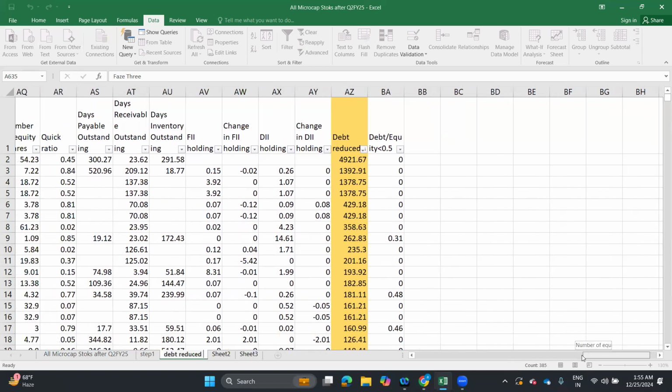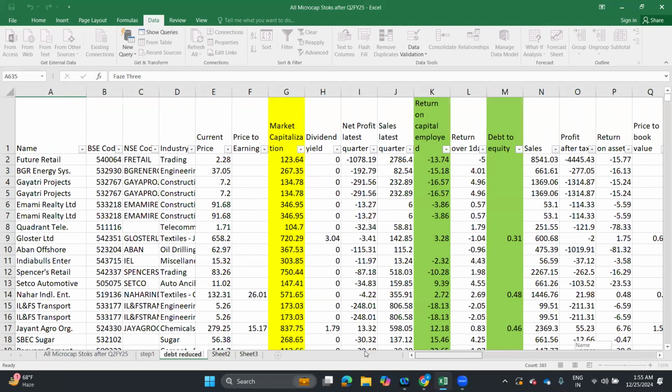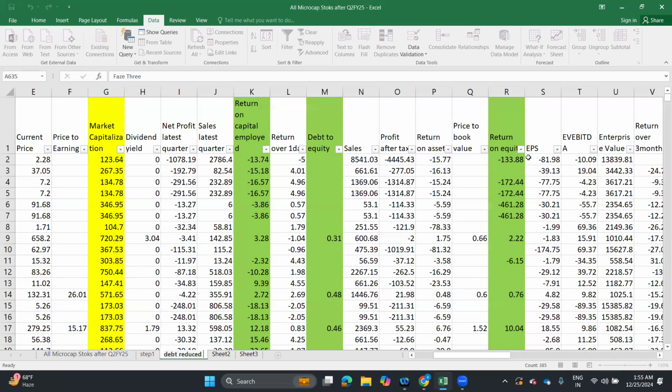So now what I'm going to do, now I'm going to apply other filters to select the stocks. Now let's say this is ROC, this is ROE. Let me filter this based on ROE.